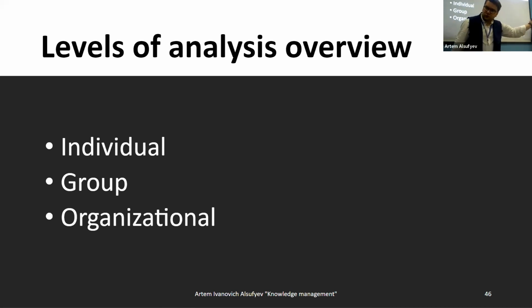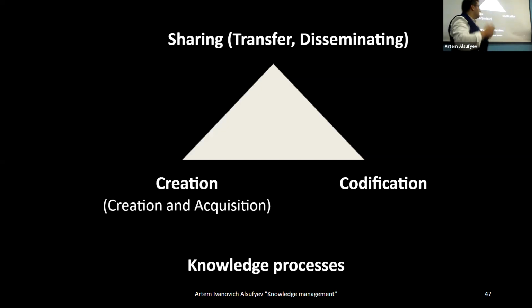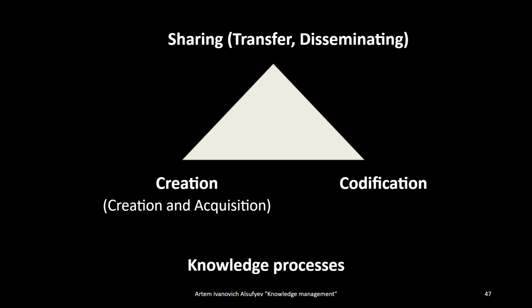For instance, the absorptive capacity paper that you have read is basically about learning at individual, group, and organizational levels. Here it is pretty much the same with processes. Again, 4 processes: knowledge creation, and up to now you know that there are 2 types of it, creation itself and knowledge acquisition. Then sharing, transfer, dissemination, and codification, 3 major processes.